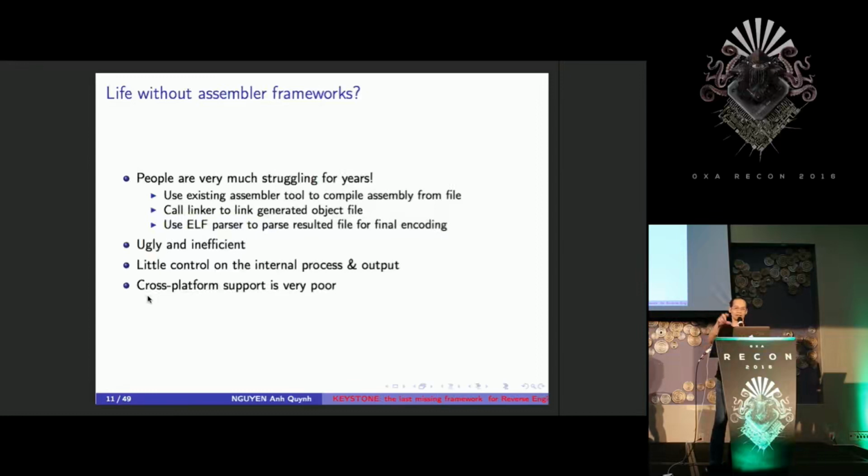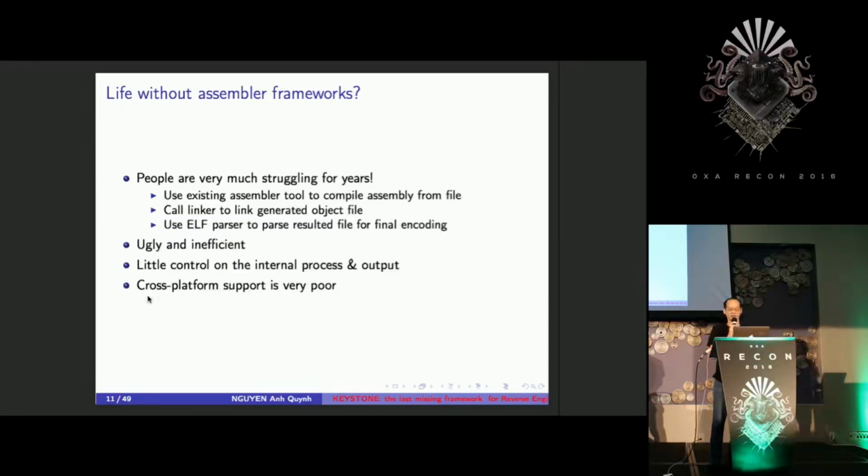After that, they get the object code. And again, they need to call a linker to link the object code into a final file. And lastly, they need to parse, for example, the ELF file to get out the instructions inside. So you can see that it's a lot of work, and it's ugly and inefficient.